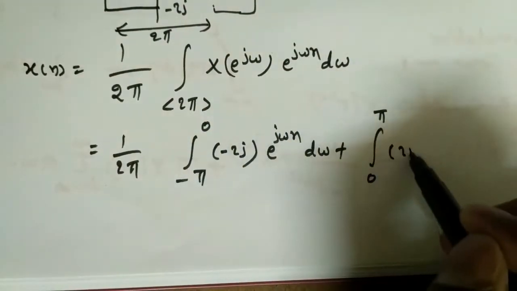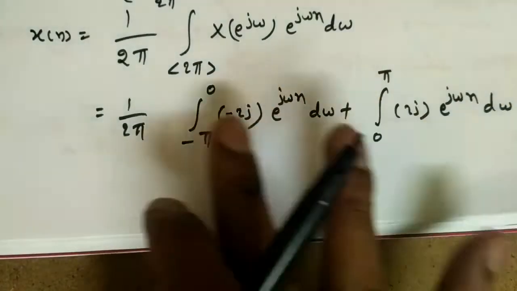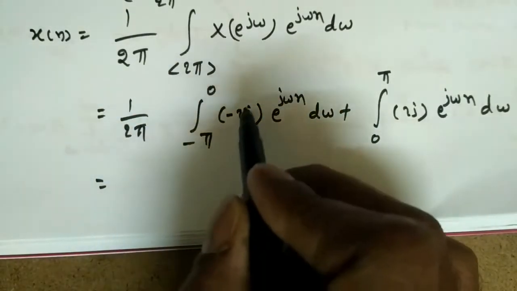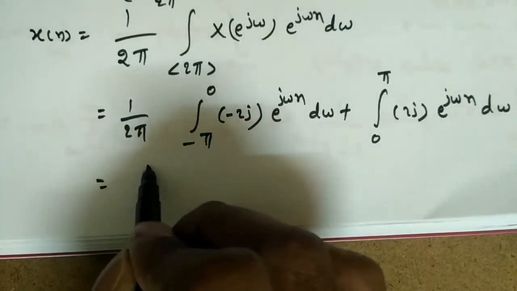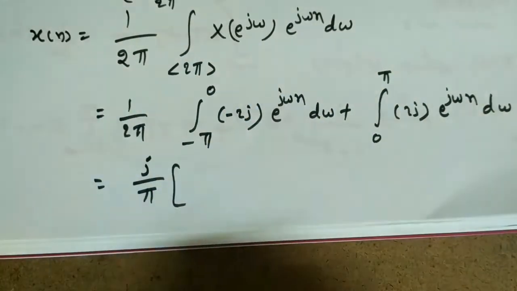Now 0 to pi and the value is 2j e power j omega n d omega. In both integrations, 2j will be common. So if I take 2j out, the 2 will be cancelled. So I am directly taking j by pi by cancelling 2, right?